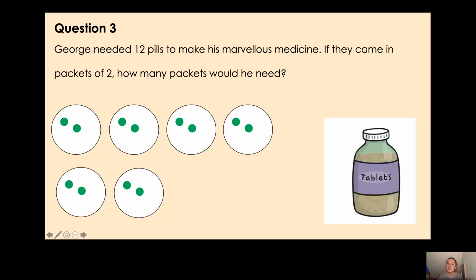Oh, we only needed 12 pills. So we have got 12 pills. Now, how many packets of 2 pills do we have here? Well, we've got 1, 2, 3, 4, 5, 6. We have got 6 packets of pills. So therefore, George will need 6 packets. Well done if you got that right. Let's have a look at the next one.